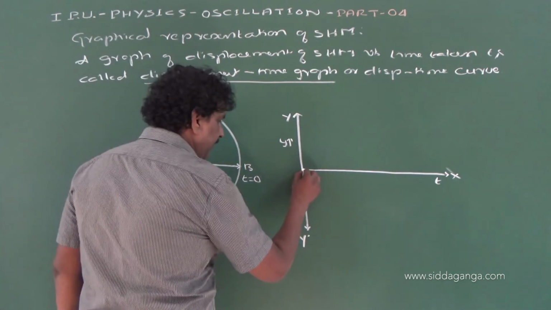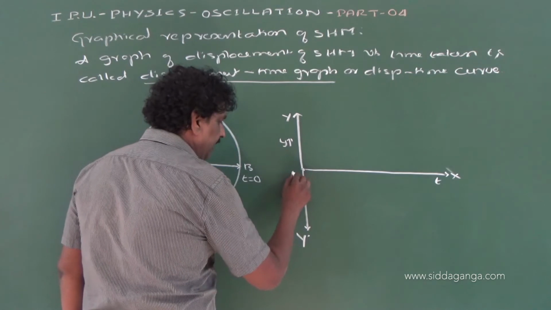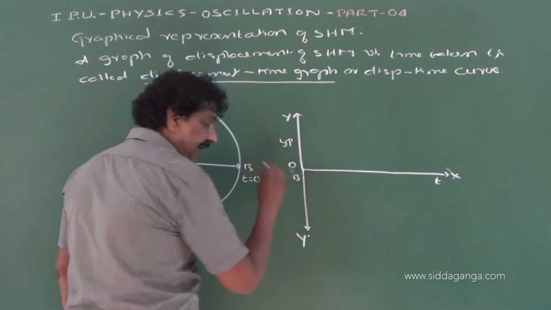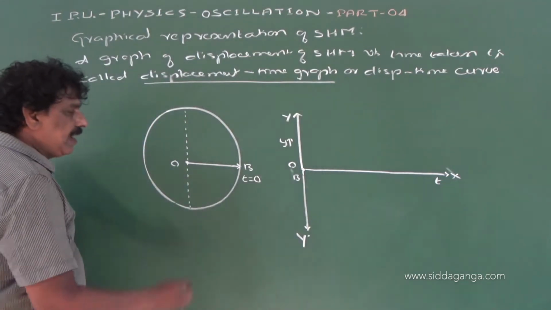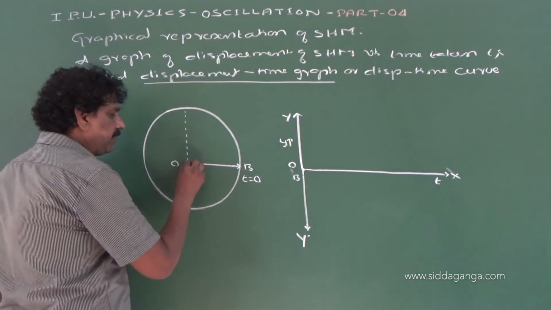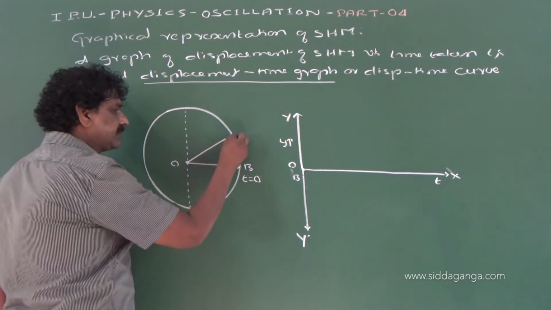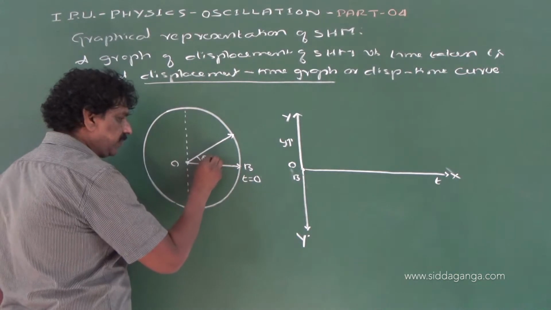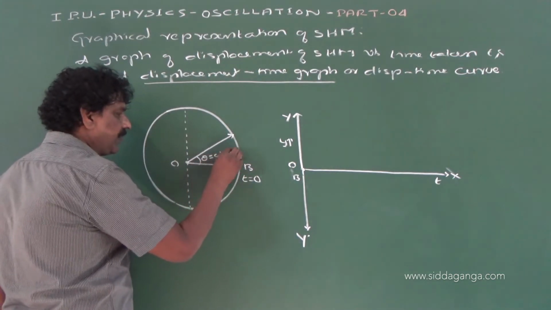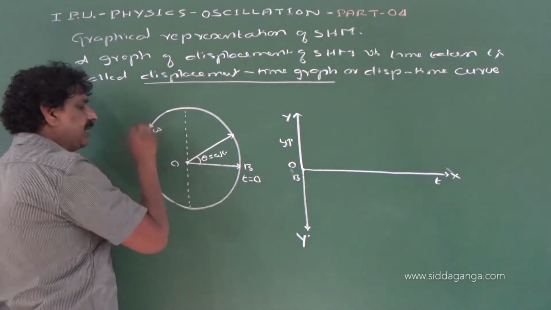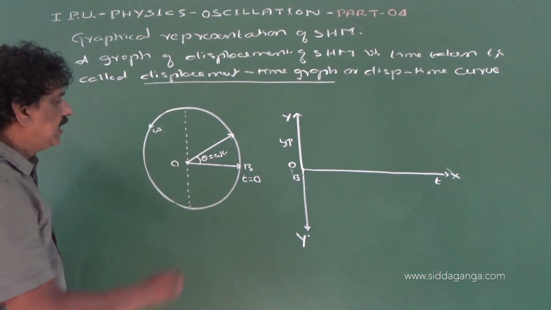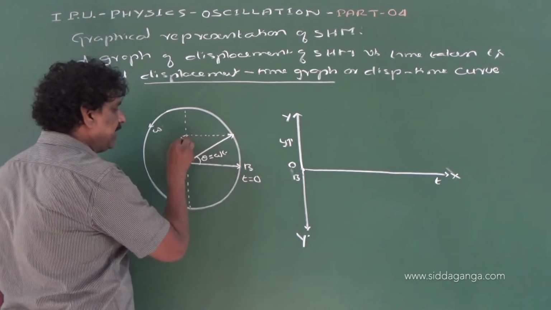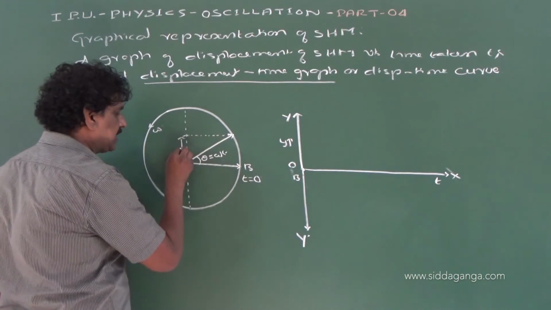We will take the initial point O, that is B. Now when the particle executes circular motion with theta equal to omega t, where omega is the angular velocity, the particle will have the displacement y.